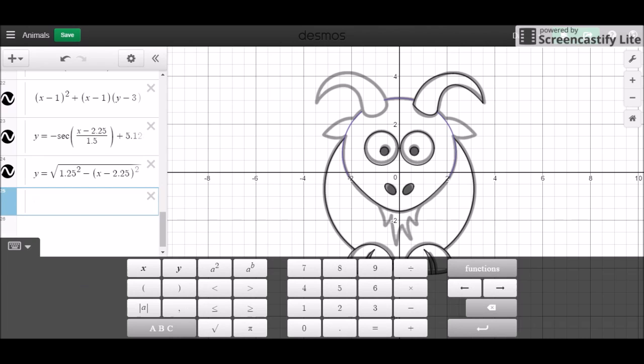As always, there's usually more than one correct equation. The first one that came to my head is a hyperbola.